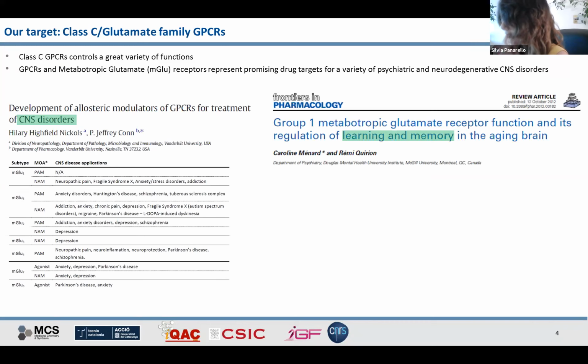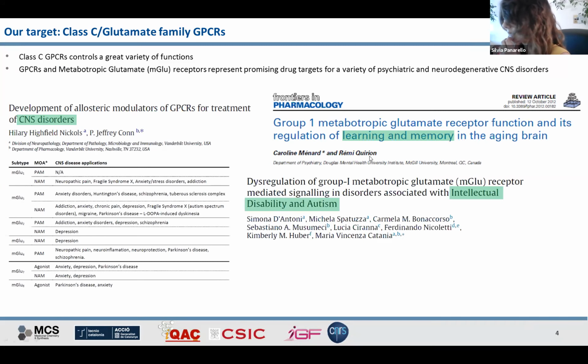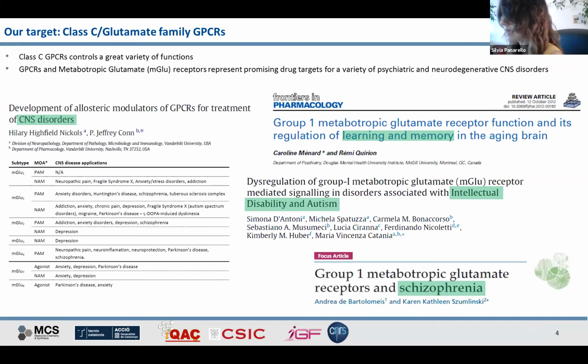The metabotropic glutamate receptors comprise 8 different subtypes, and different studies in recent years suggest an involvement of subtype 1 in learning and memory, but also intellectual disability and autism. And very recently, mGlu1 was also regarded as a target in schizophrenia and bipolar disorder.